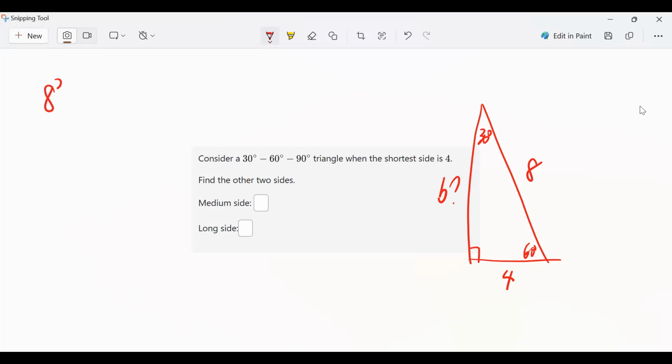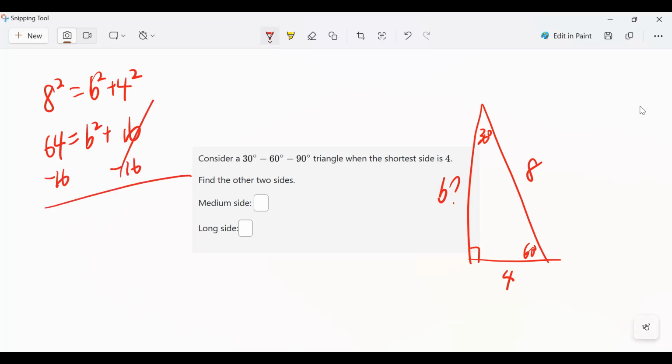So a squared equals b squared plus 4 squared. So a squared is 64, so 64 equals b squared plus 16. Subtract 16 from both sides of the equation, and b squared equals 48.